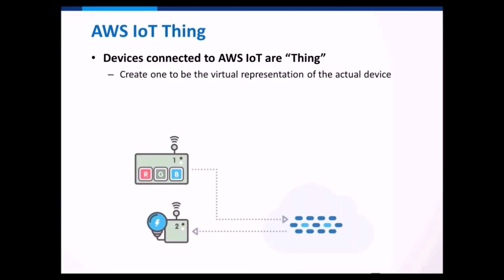Okay, so here's where you connect, and it's recommended that you attach a certificate to your thing when you do this exercise. Okay, so let me just go to that.